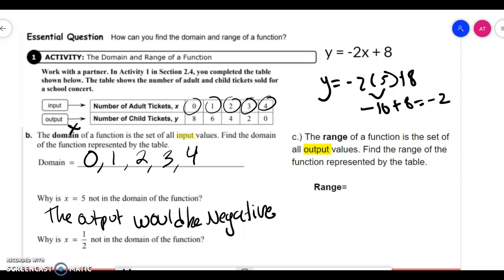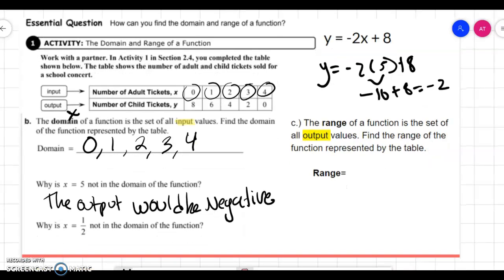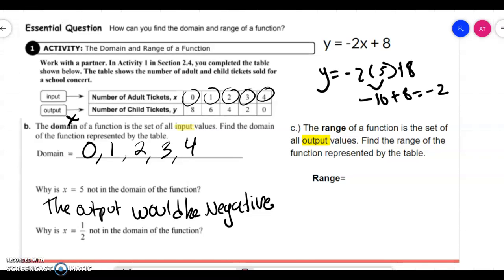And looking at the second one, why can't x be a half in the domain? Well, think about it. I can't sell half of a ticket. So we can't sell half of a ticket is the reason why. Because that wouldn't be fair, and, you know, everybody would hoot and holler about what's going on.